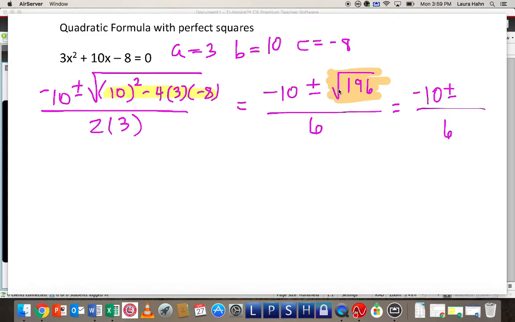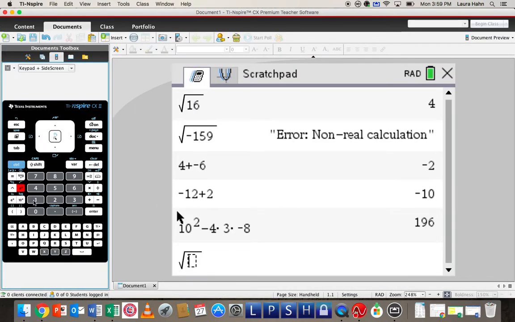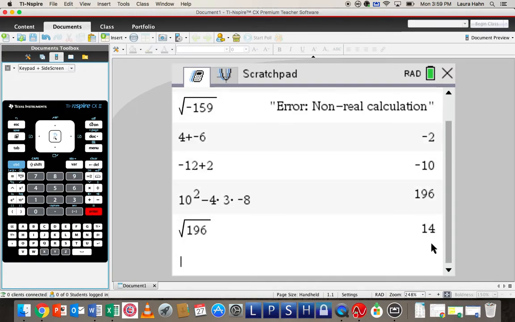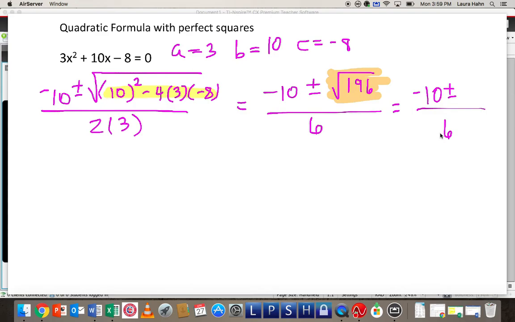But I want to see, does it give me a whole number? Is that a perfect square? So now I'm going to type in the square root of 196. And I get 14. So the square root of 196 is a beautiful whole number, which makes things easier for us. So I know that's simplified to be a 14.